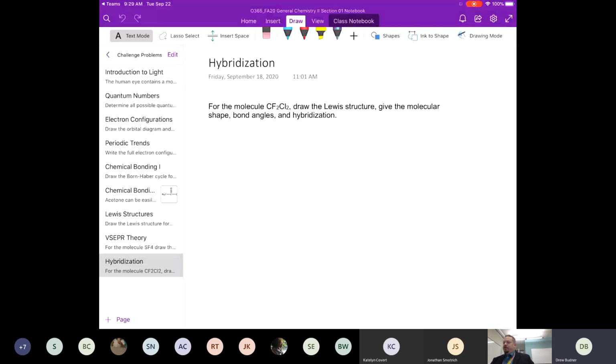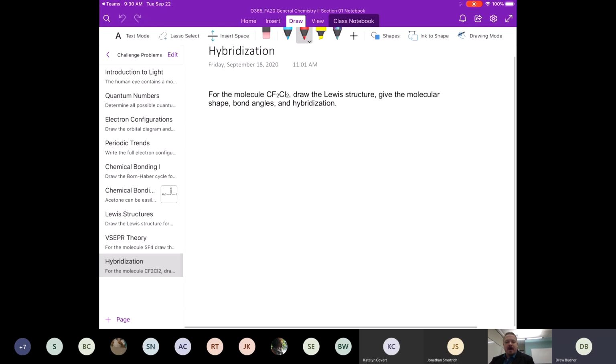Okay, so for this one, we're going to draw the Lewis structure of this CF2Cl2. So the first thing we do, just like before, is we put the least electronegative element in the center, which in this case would be this carbon, and then we arrange everything else around it sort of symmetrically.